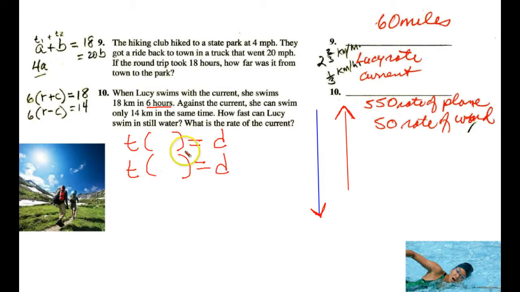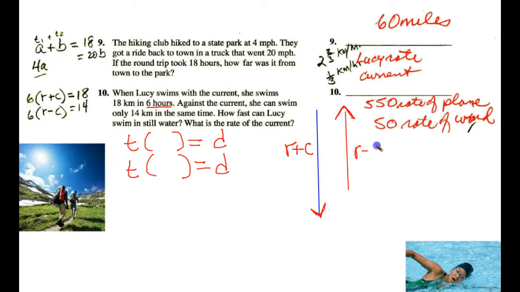So time times the rate will equal distance. But we have two sets of data. Well, let's say her rate going downstream with the current will be R, then adding the speed of the current. So R plus C is her rate going downstream. So what do you think her rate going upstream will be?